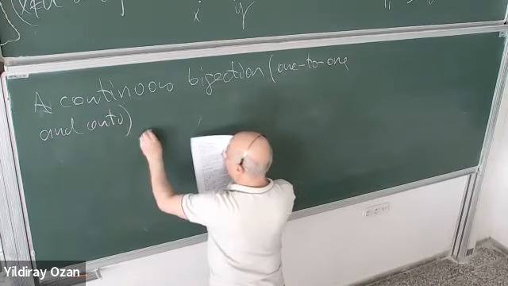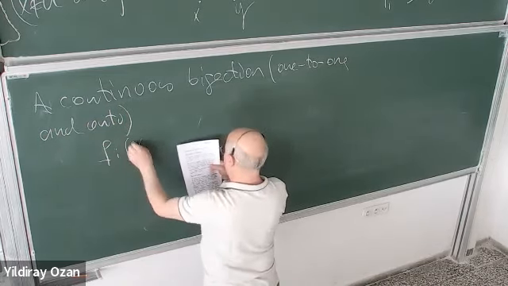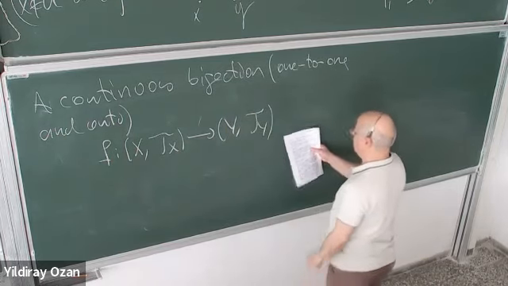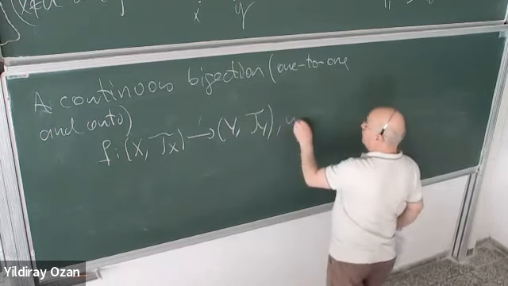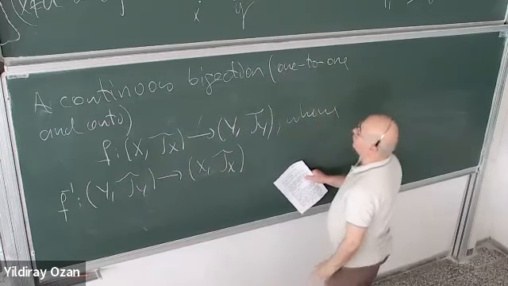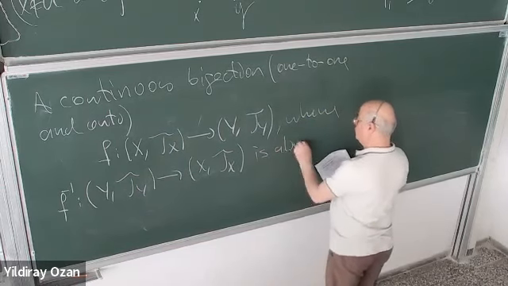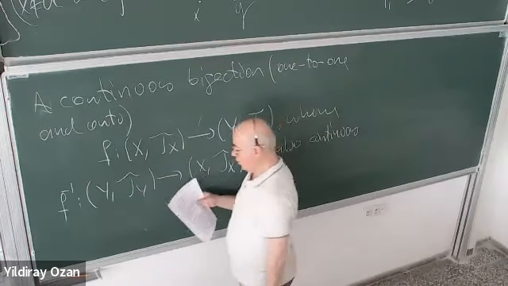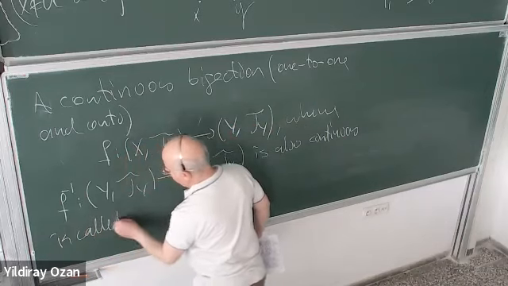A continuous bijection f from (X, tau X) to (Y, tau Y), where, since it is a bijection, there is of course the inverse map going the other way from Y to X, which is also continuous, is called a homeomorphism.